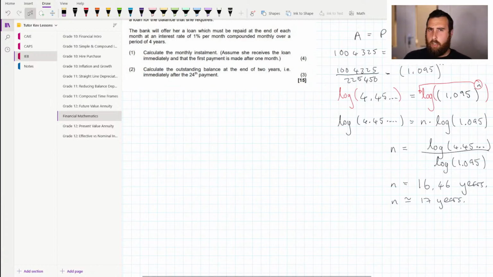Any questions on the logarithms? Would anyone like me to show you a slightly different method that you may have learned at school? I just find that doing logs on both sides and just doing some algebra is really quick, instead of thinking about that log button on your calculator.